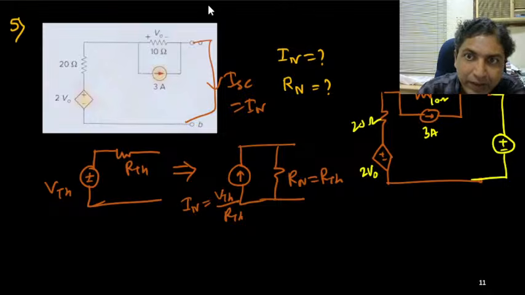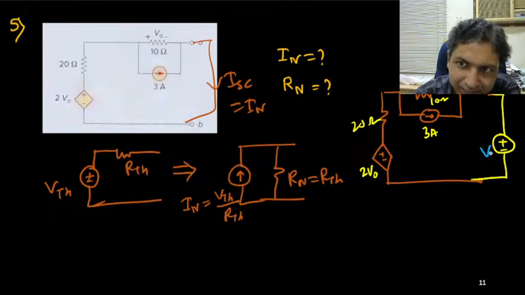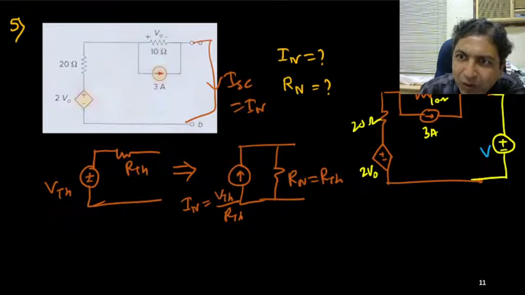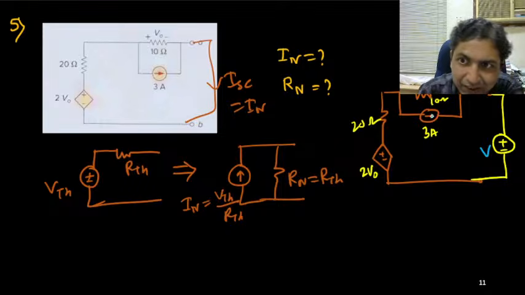Now if I assume that this current is I and this voltage source is V, I need to find out a relation between V and I. So if this is I, what is the current through this side? So this current is I, 3 ampere, this side current is 3 ampere, this is I, so this current is nothing but I plus 3.